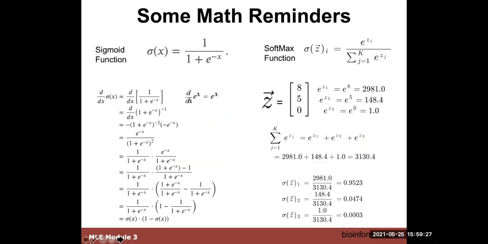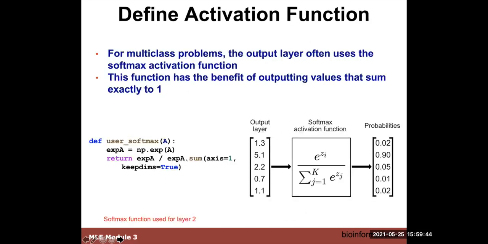The derivative of a sigmoidal function is essentially sigmoid times 1 minus sigmoid. So that's one where you don't have to calculate the derivative. It's known mathematically, so you can just put in the actual function.